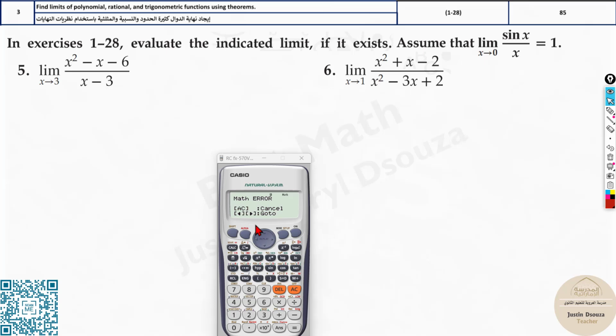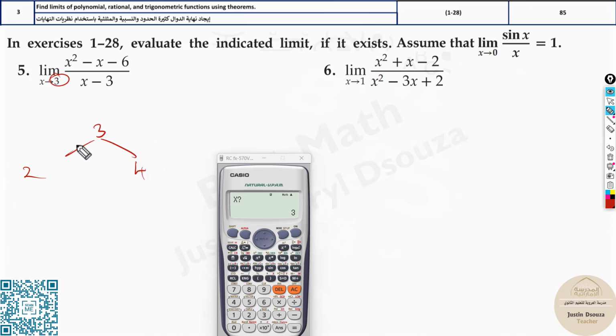Now what do we do in such cases? Let's click on this right or left. You'll come back to the same equation. Here you need to calculate at a number which is very close to x equals 3. Now x is given as 3, but 3 doesn't work. So take two values which are very close to 3. You might think 2 and 4.